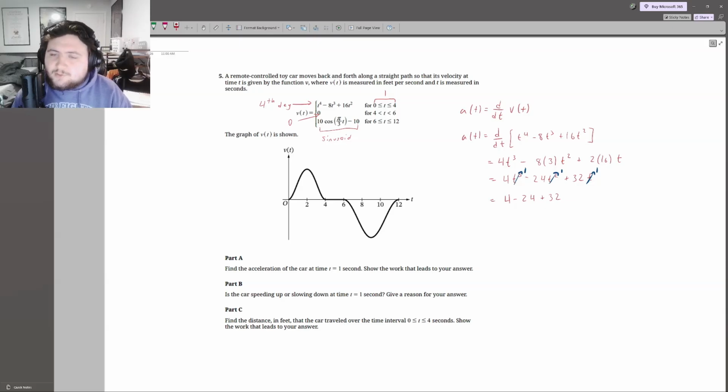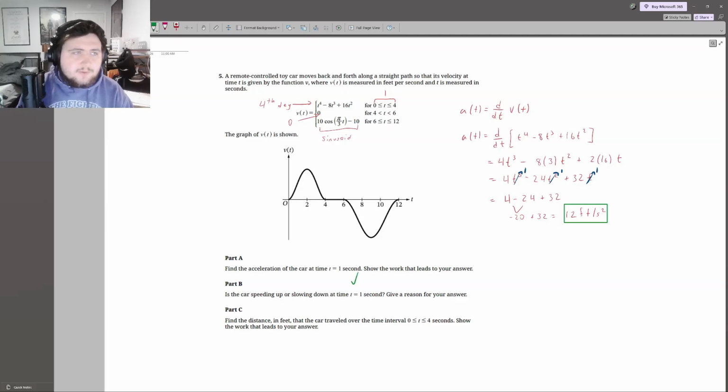So 4 minus 24 is negative 20, plus 32 is 12. So our answer is 12 feet per second squared. All right, so that's part A.